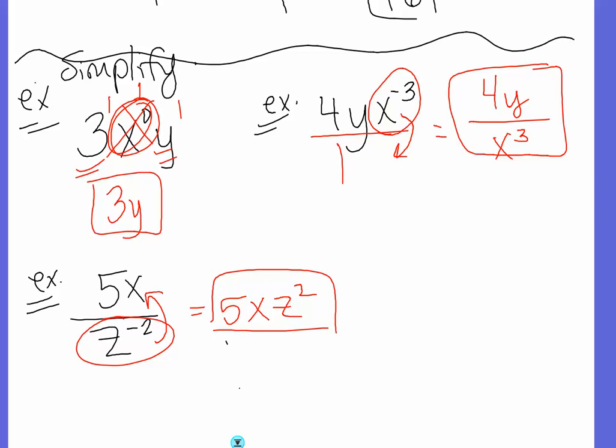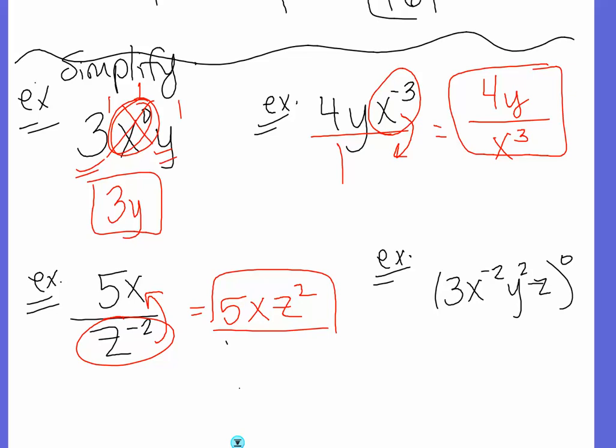What if I had this? What if I had 3x to the negative 2, y squared z, all to the 0 power? If you notice this problem, what's alarming? Well, I have a negative exponent and I have an exponent of 0. So I work from the outside in.